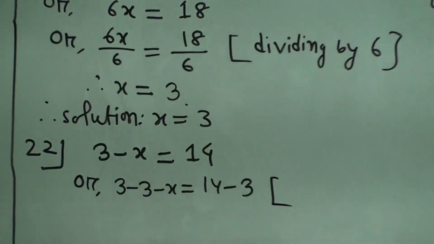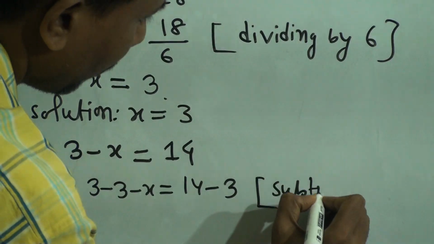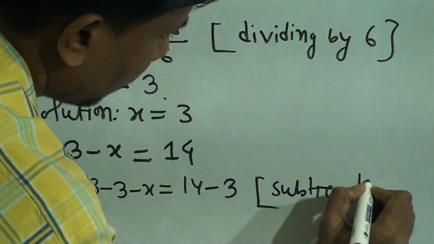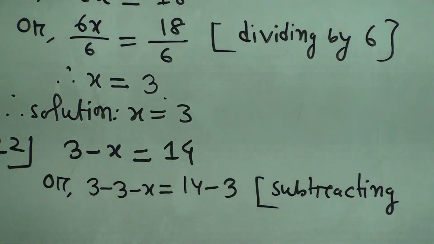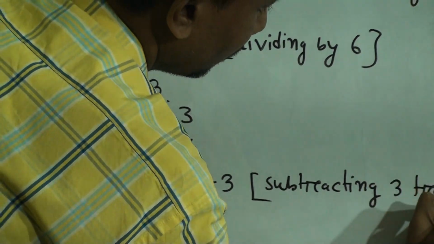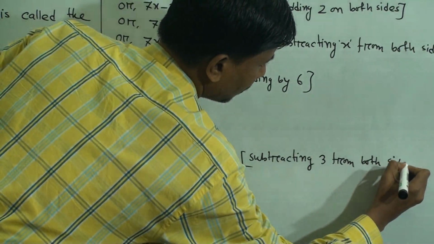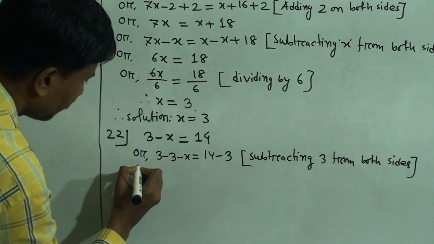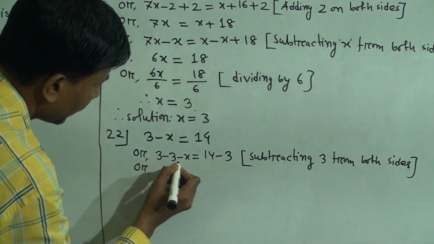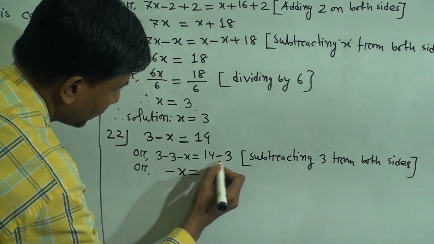Right here, subtracting 3 from both sides. Then 3 and 3 vanish, then you get what? Minus x. This is equal to what? 14 minus 3 equal to what?